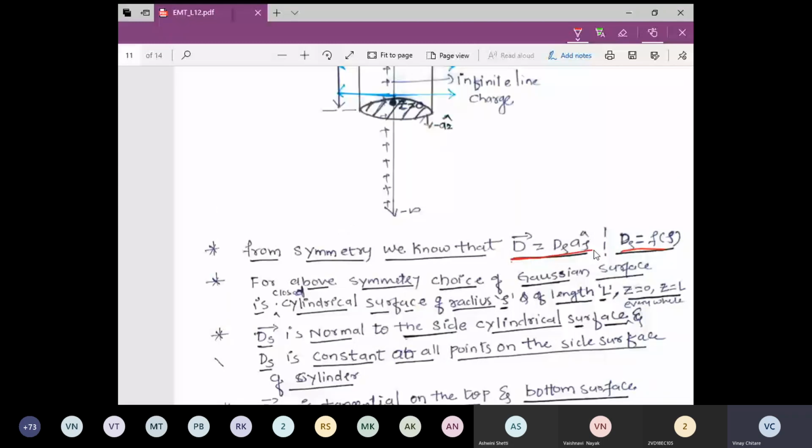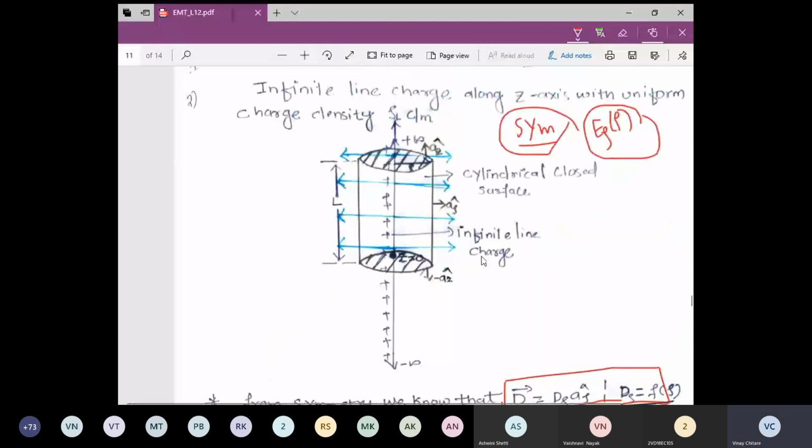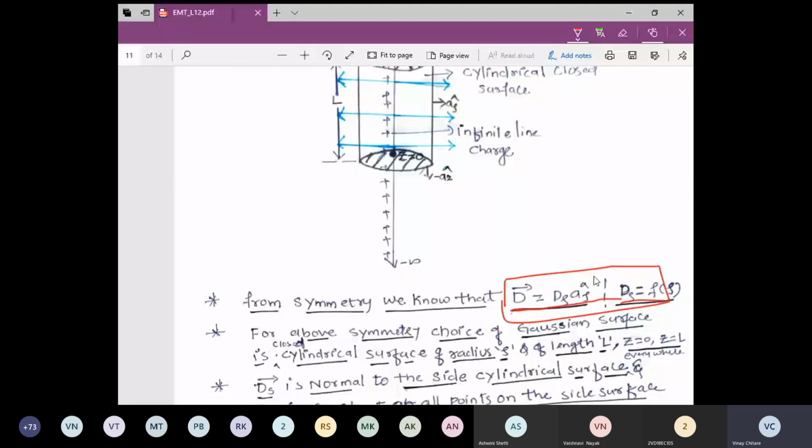Once I know that we have this kind of symmetry, the appropriate choice of Gaussian surface is obviously a cylindrical surface, because I need to choose a Gaussian surface such that the flux density is normal to this surface.